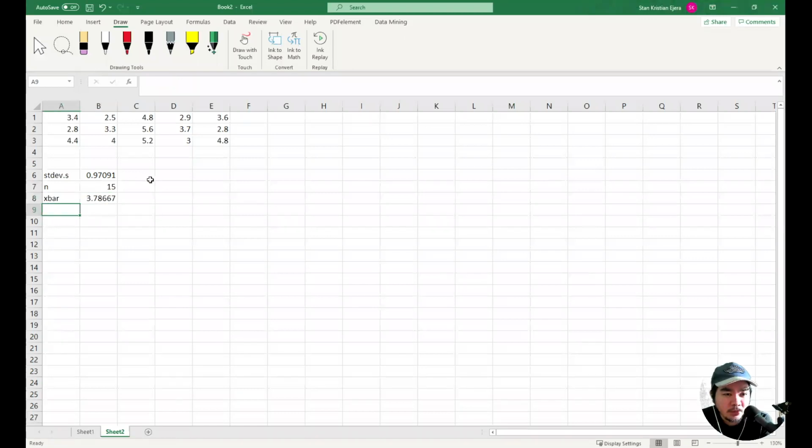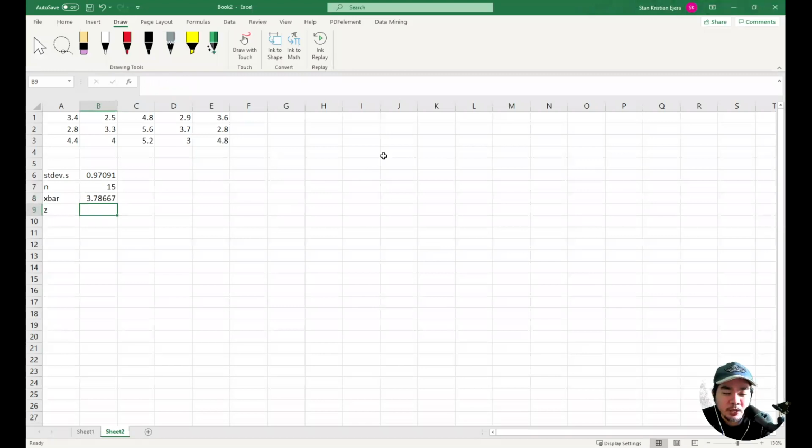Kulang na lang. We have standard dev. We need the z, no? The z value is, ang sabi ng problem, we need to do a 95% prediction interval. So kung 95 siya, again, that's 95 from the left tail to the right tail, no?